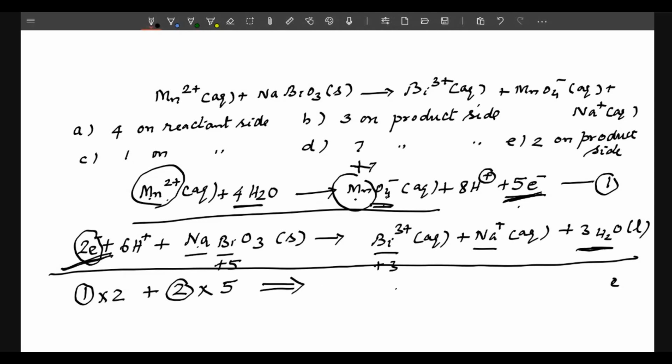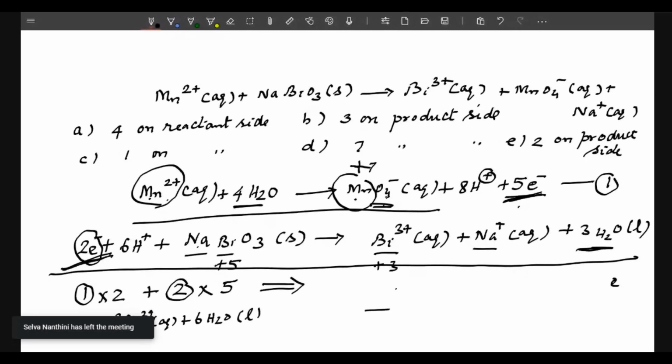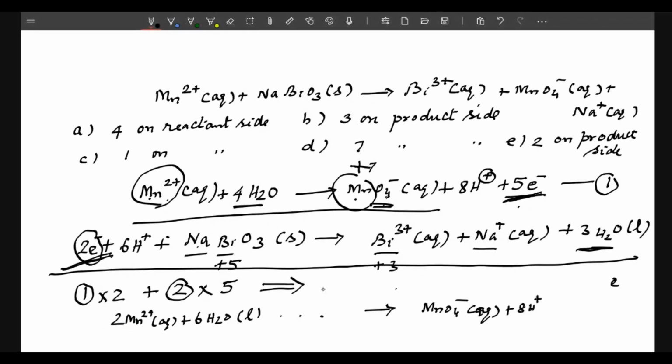After multiplication, you get 2Mn2+ aqueous plus 8H2O liquid, and in the gap you write the second reaction, 2MnO4 minus aqueous plus 16H plus plus 10 electrons.